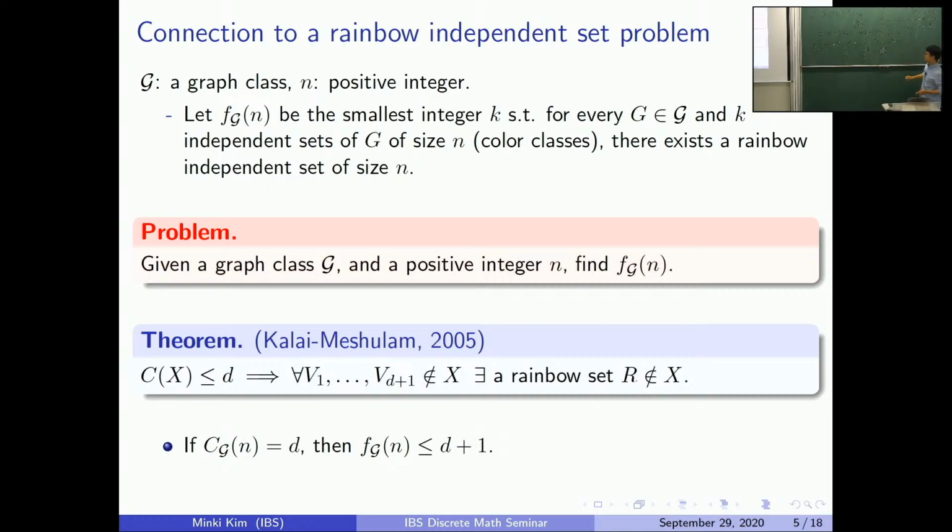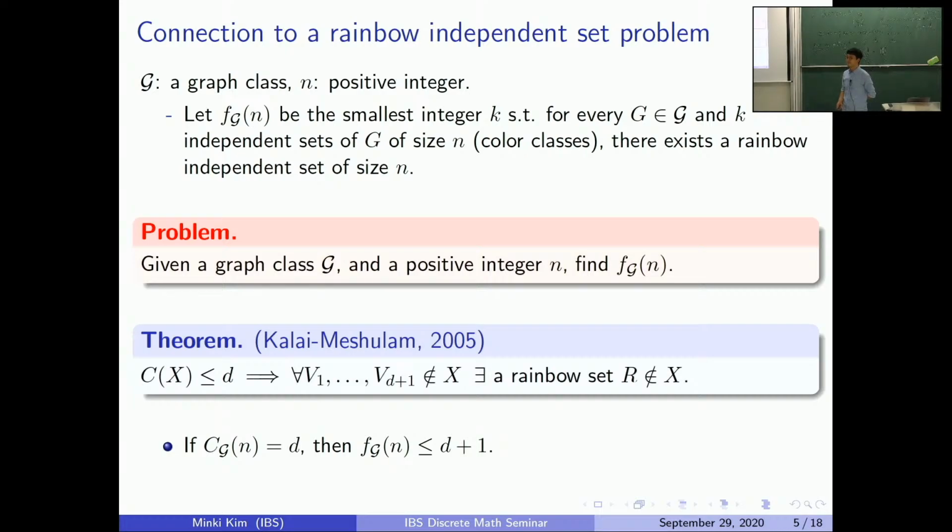I really just want to know what the word rainbow means. Rainbow without independent, so just a rainbow set in general. I guess for each Vi you pick 1 or 0 elements, and then take a union. Yes, that's right. So you're not taking any of the Vi's more than once.